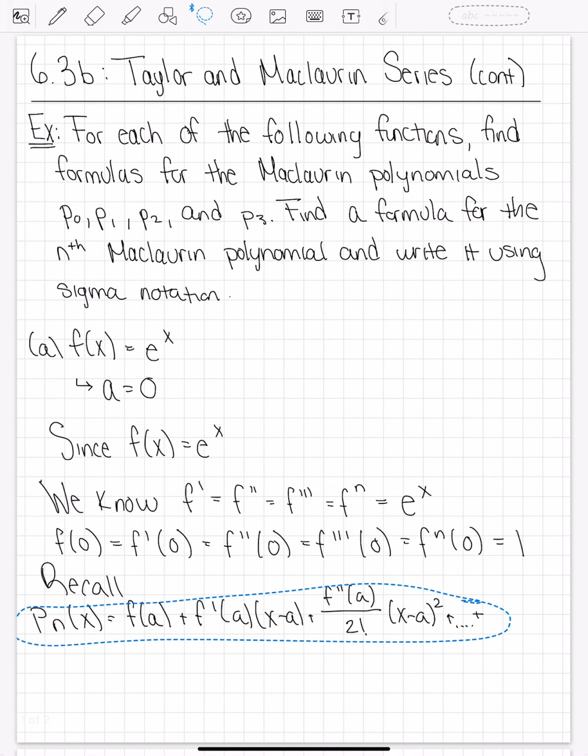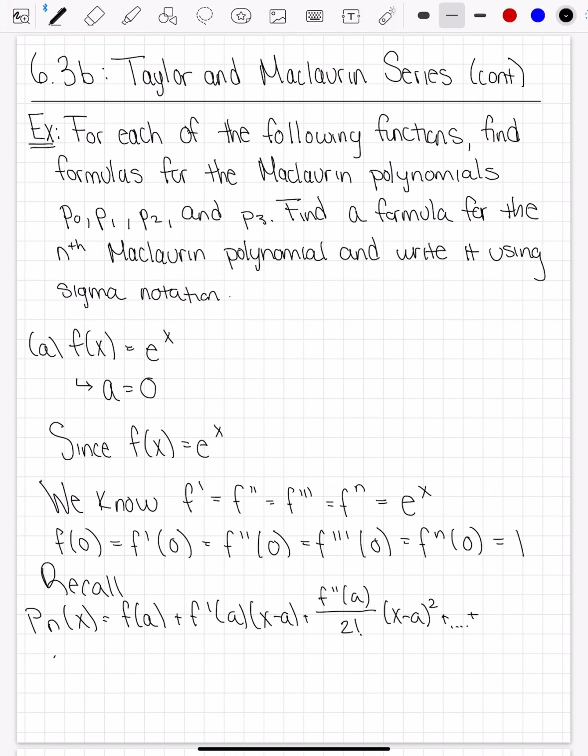So we do as many terms as this n tells us to do.